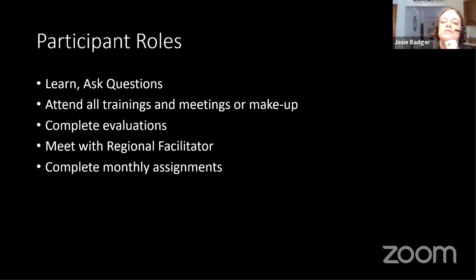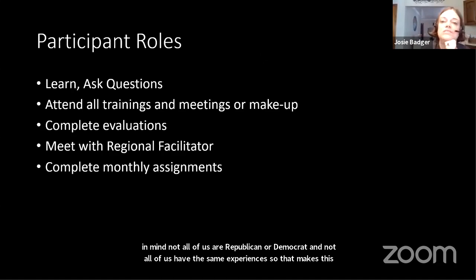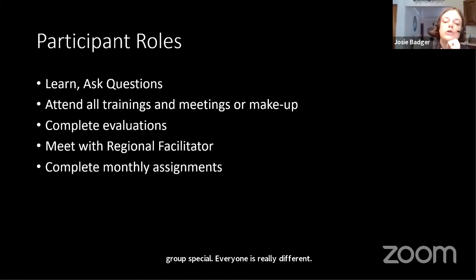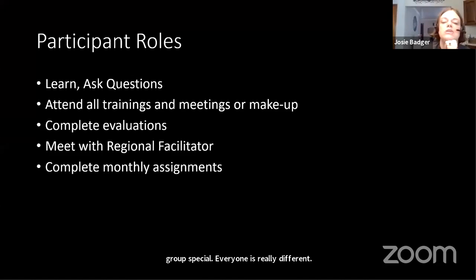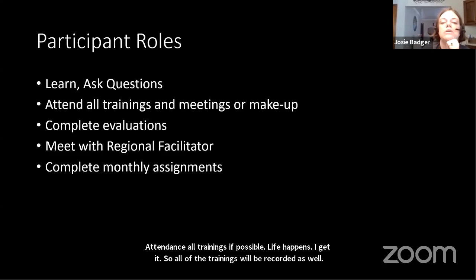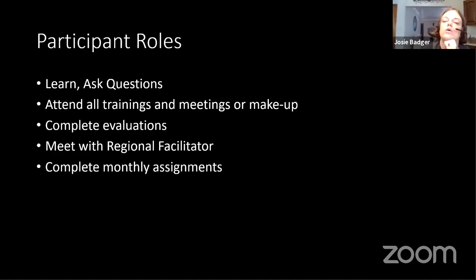Attend all trainings if possible. Life happens, I get it. All the trainings will be recorded as well, so if you miss us, we'll make sure that you have the recording. At the end of the trainings starting in October, we'll do a short evaluation at the end of each training.